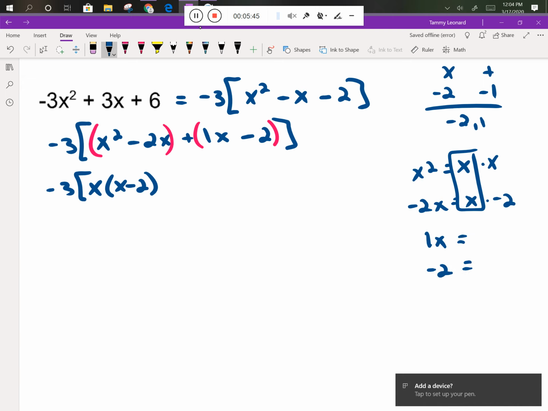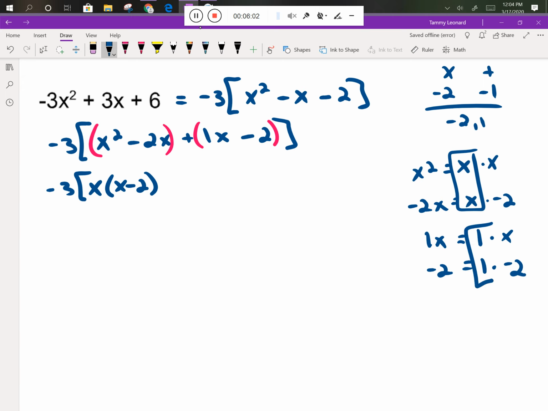At first glance, you'd be like, no, Mrs. Leonard, they don't have anything in common. True. Well, they have one thing in common, which is 1. So they don't have anything other than 1 in common. So remember when you have that instinct, no, they have nothing in common, it's a 1. They always have at least that in common. So we're going to factor out a 1, and in parentheses, we're going to leave x minus 2.